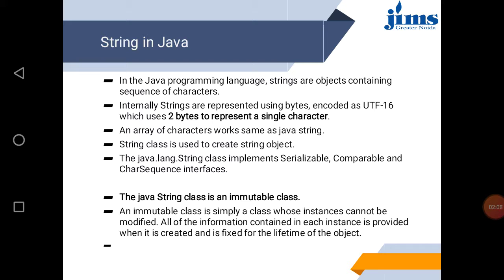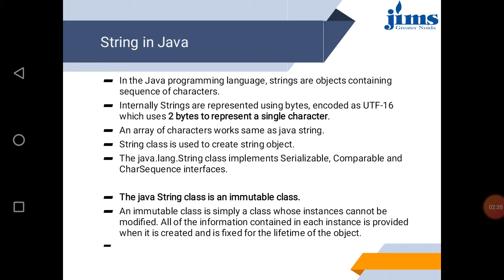The Java string class is an immutable class. Immutable means once you have declared it, you are not able to modify it, means you are not able to modify the value. And this gives lots of facilities also. The possibility of error gets reduced in case of immutable.